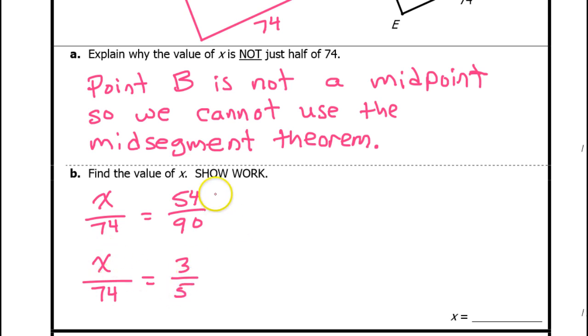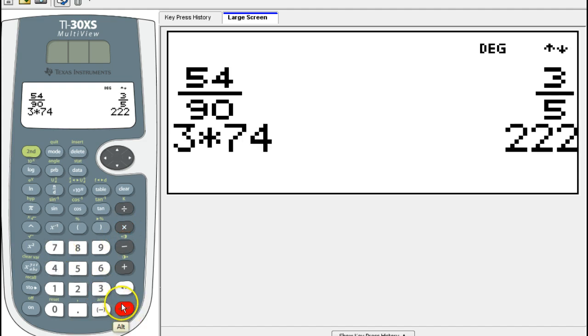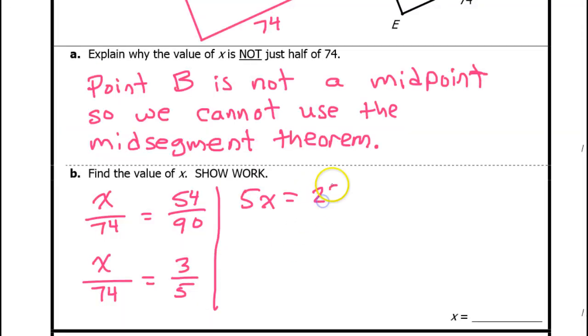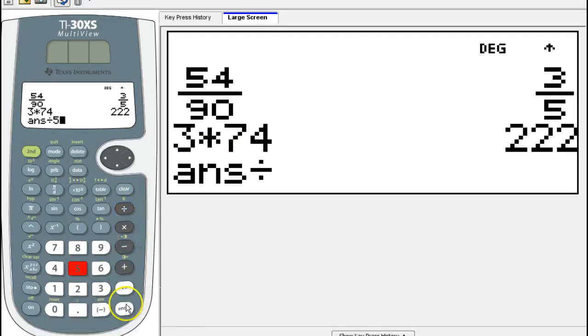So if I cross multiply, I'm going to get 5x from this diagonal, and 3 times 74. It's 222. Then I need to divide both sides by 5. x is 44.4.